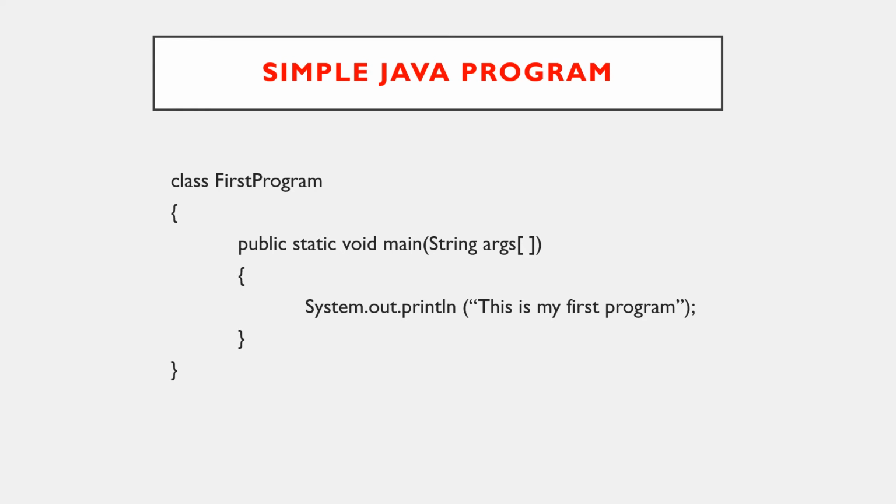In the class declaration, the first line is class FirstProgram. Here we are declaring a class with an object-oriented construct.